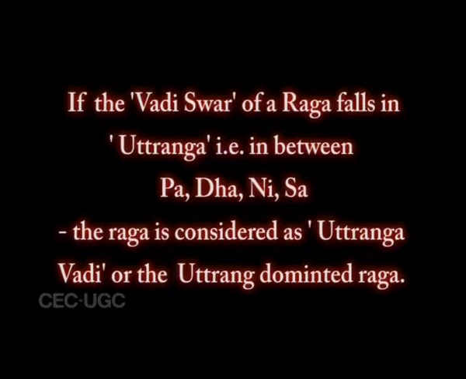Similarly, if the Vadi of a rag falls in Uttarang, that is in between Pa Dha Ni Sa, the rag is considered Uttarang Vadi or Uttarang dominated, and the time for such a rag is between 12 midnight and 12 midday. Such is the time theory of Indian rags.